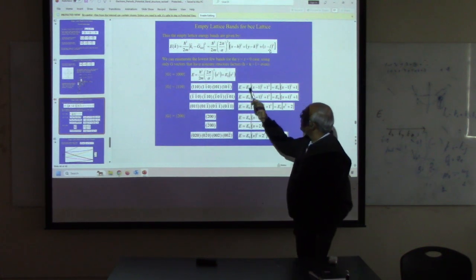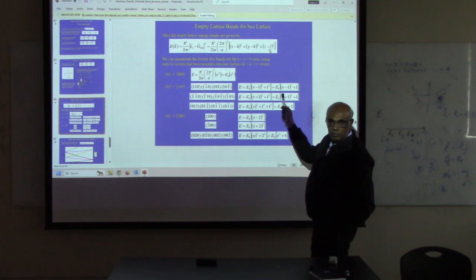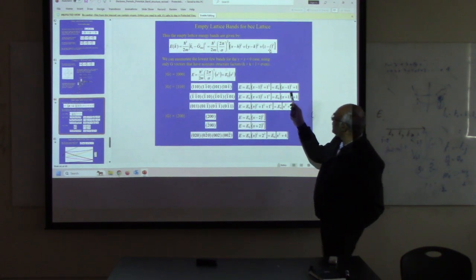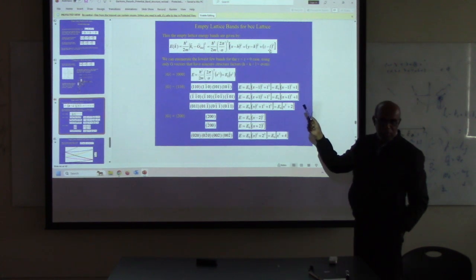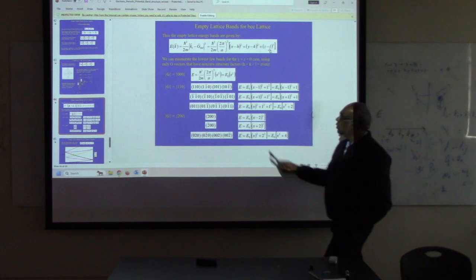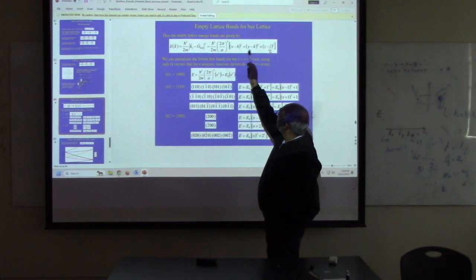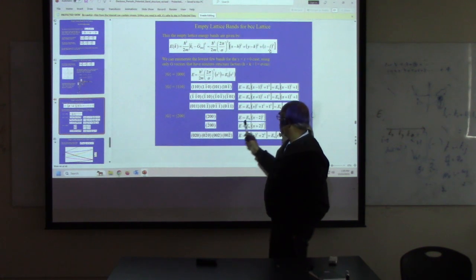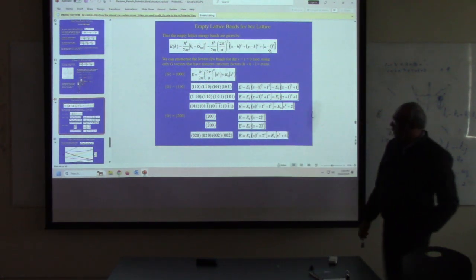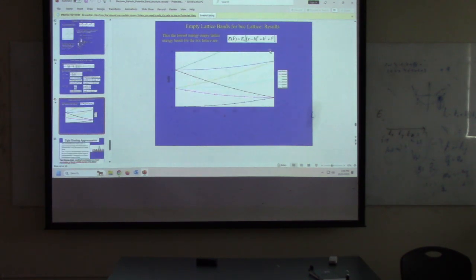If you plug in that one, you get this equation. So you know how to draw this one, right? This is a parabola, but it doesn't go through 0. It's still a parabolic function. If you want to go through 2, 0, 0, then you can calculate all this here. So that's how you do this empty lattice approximation.